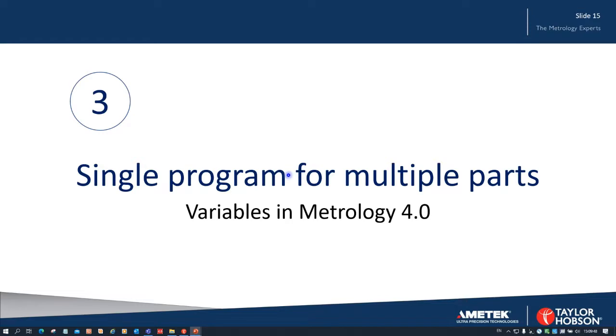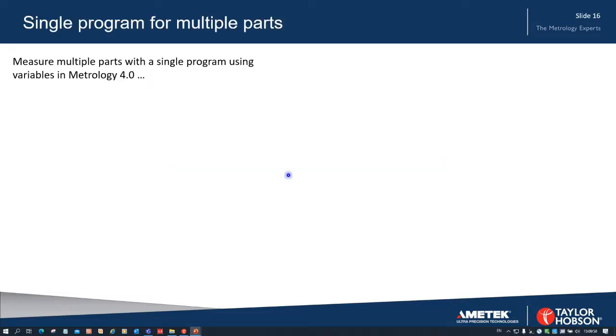Let's have a look now at how in Metrology 4.0 we can measure multiple parts, but just using a single measurement program. And this is done using the ability in Metrology 4.0 to use variables.